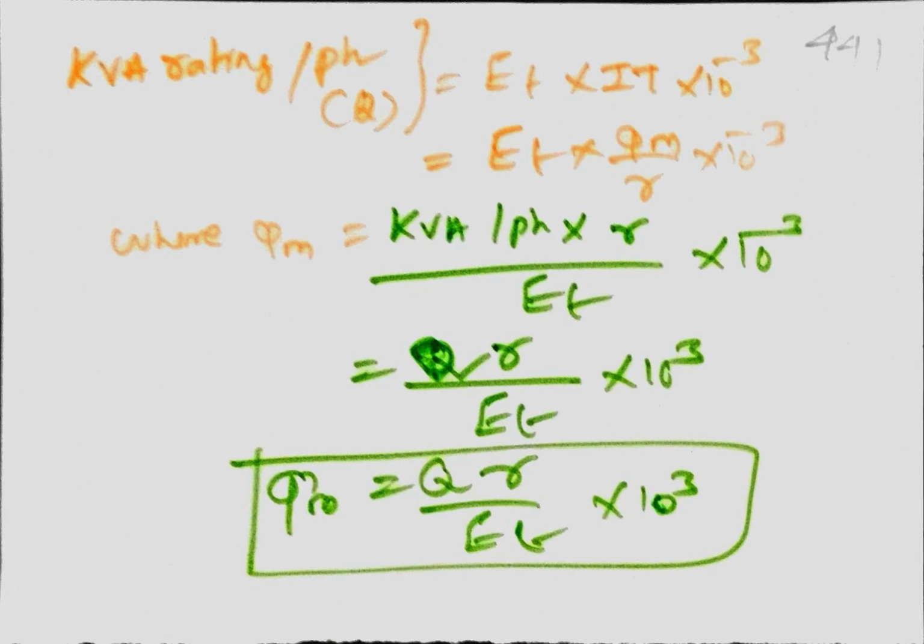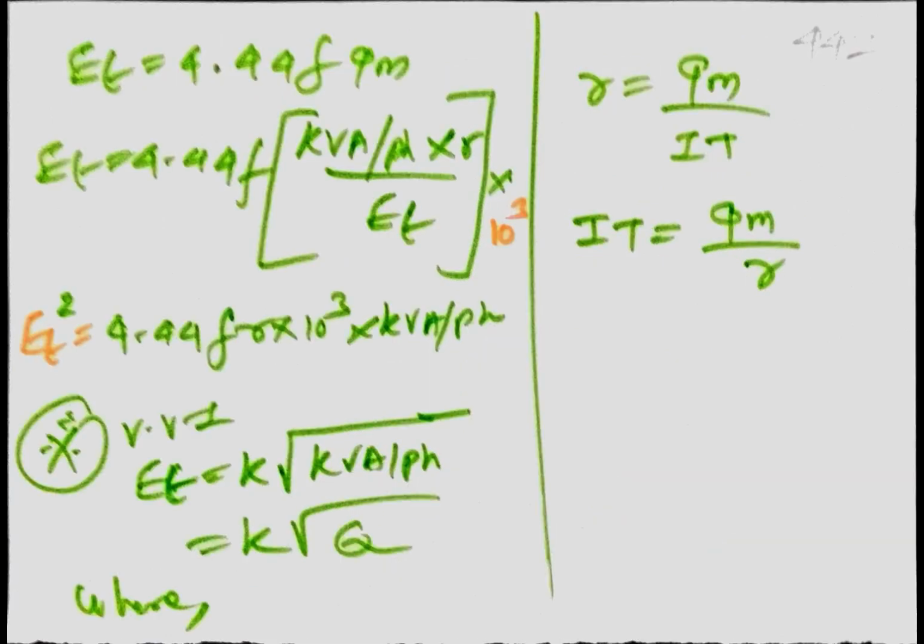φ is flux value. Et is EMF per turn. T is turns. r is ratio. Et value is equal to 4.44 f φm.